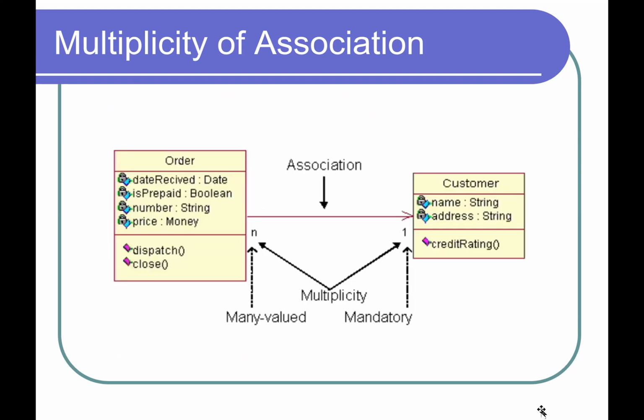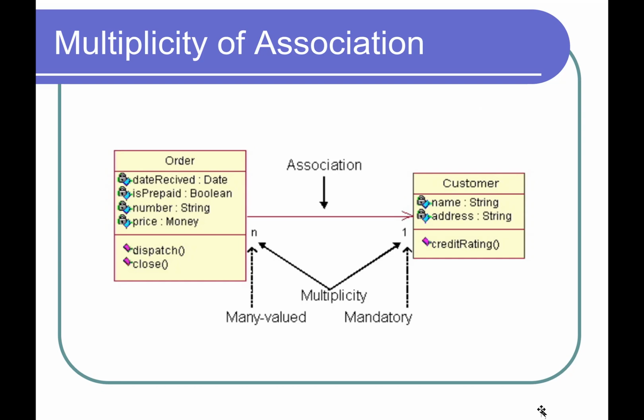Now, when I'm looking at this, what does this mean? It means that every customer can have multiple orders. N means not 1-to-many, but 0-to-many. If I want to say many, but at least 1, I got to go 1 to N, and we're going to talk about these denotations in a moment.